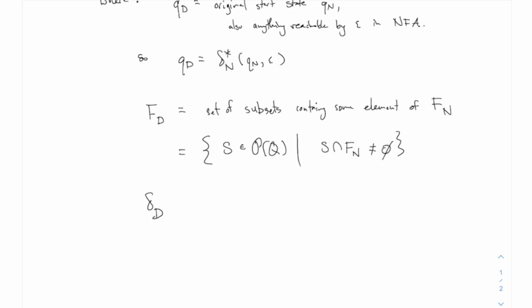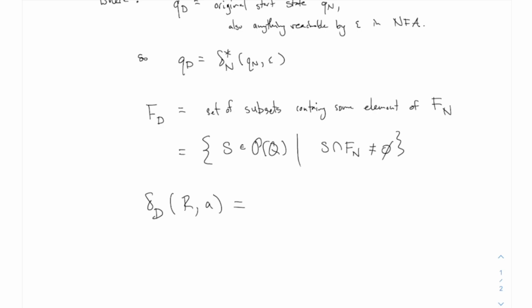So the way to describe this is like so. You think of R as one of your subsets, and I want to say on the DFA, where do you go to if you're in one of these subsets R and you read the letter A? The answer is a subset which consists of all possible places you could end up if you start from some element of R and you do A.